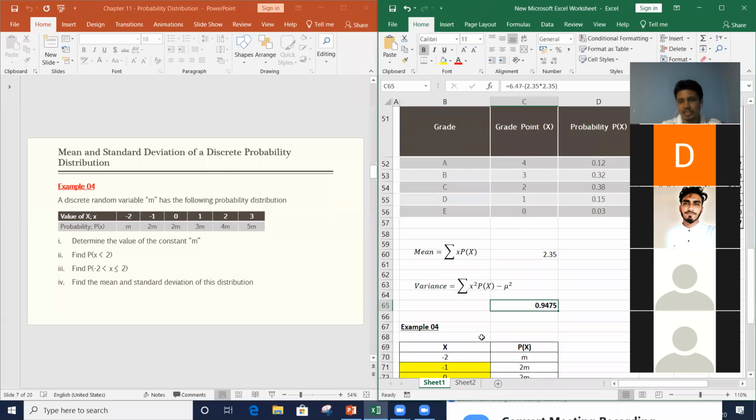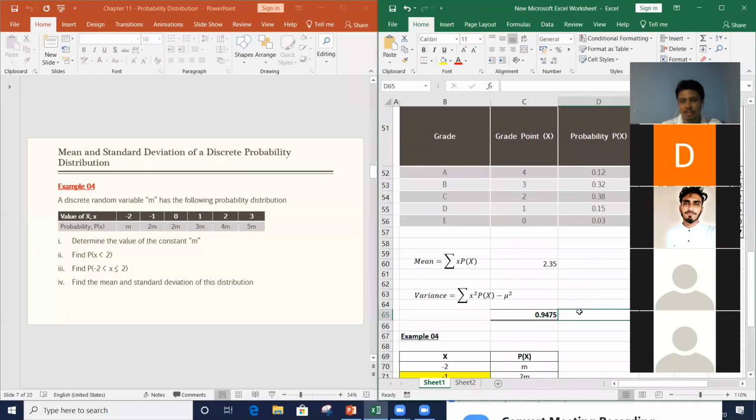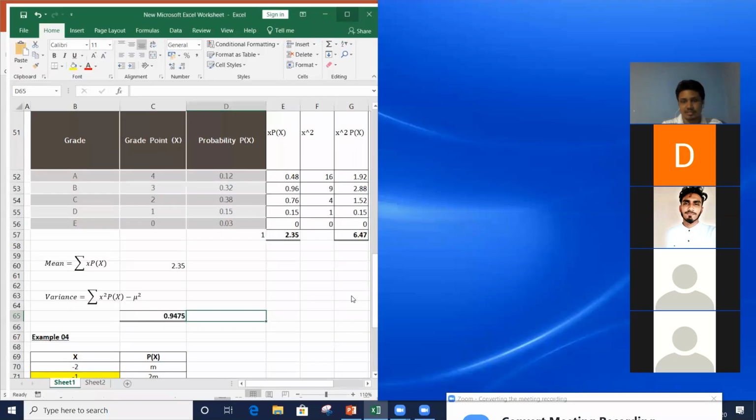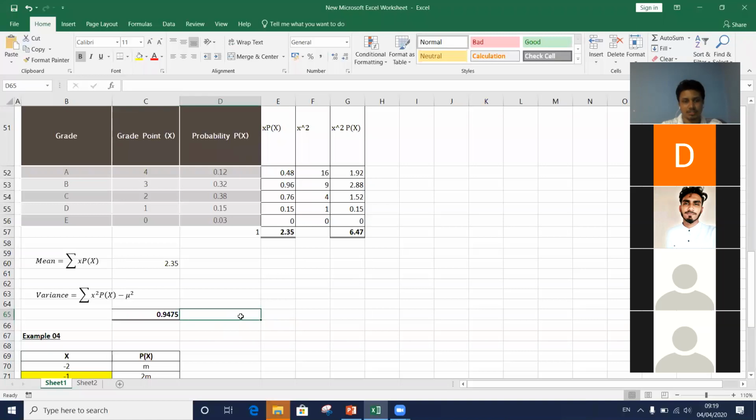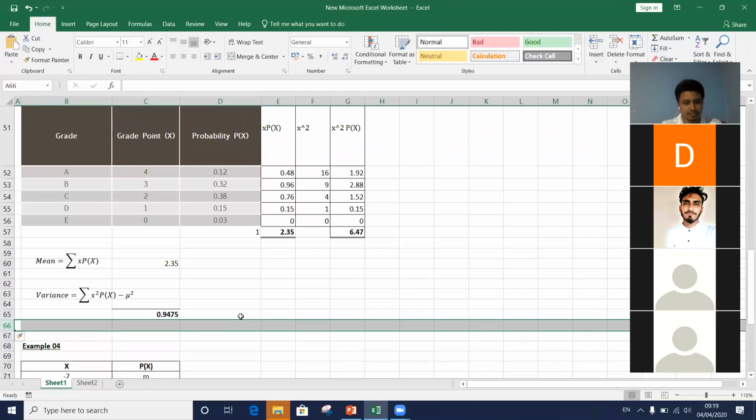Standard deviation means the square root value of this. The square root of the variance should be our standard deviation value, right?